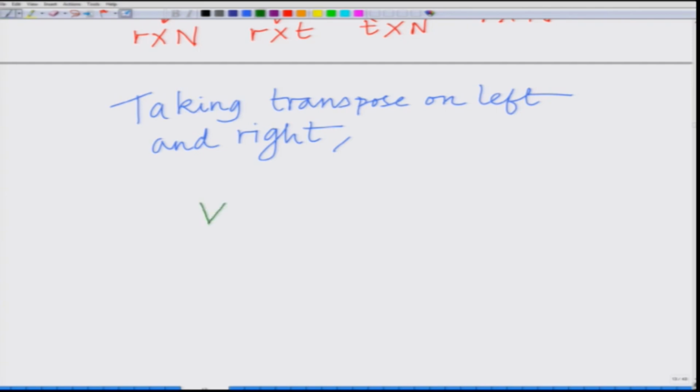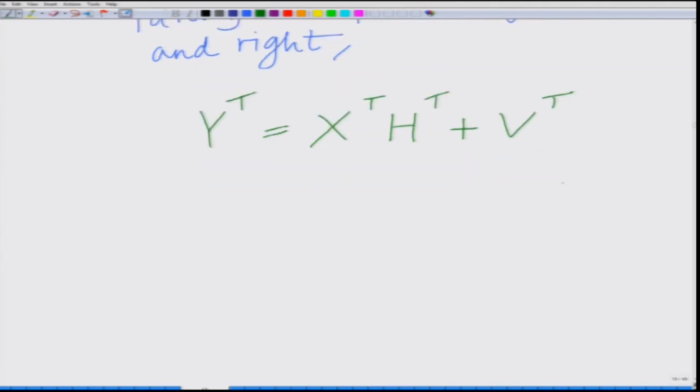We have y transpose equals x transpose h transpose plus v transpose, and therefore, now you can see this is of the form y equals xh, and now I can formulate my least squares problem for channel estimation similar to the multi antenna case.